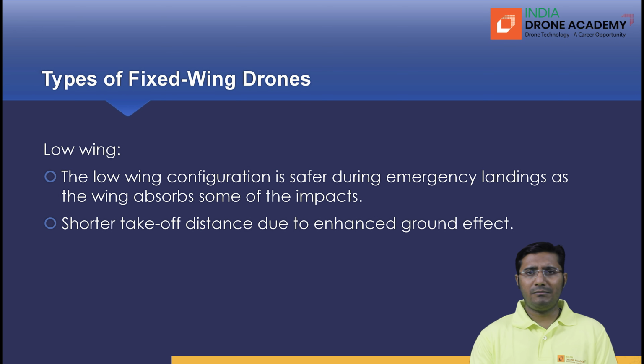And therefore, as a result, we need a much shorter ground roll distance for takeoff as well as for landing. And also, this ground effect basically reduces the induced drag of the aircraft. So you can understand it in this way.